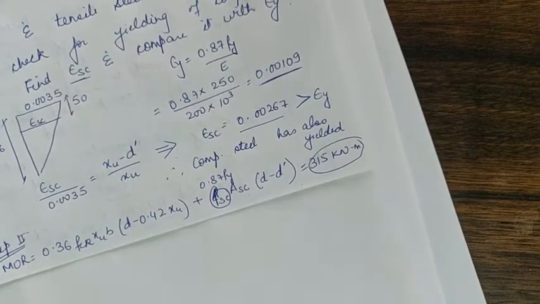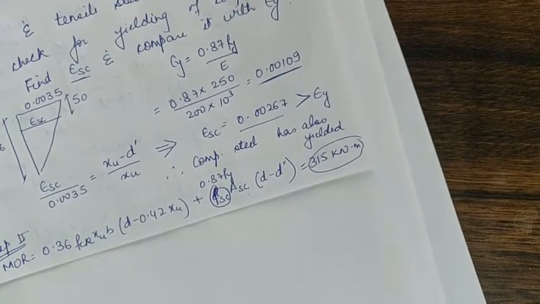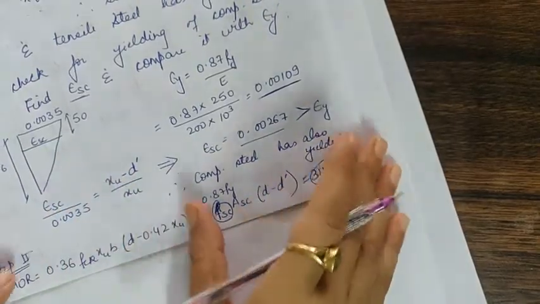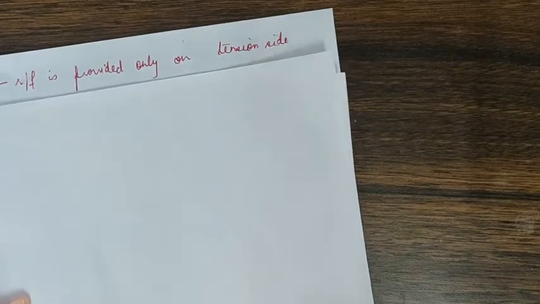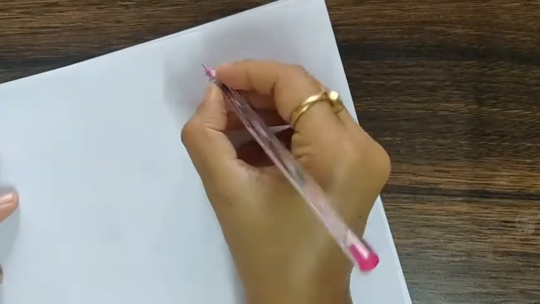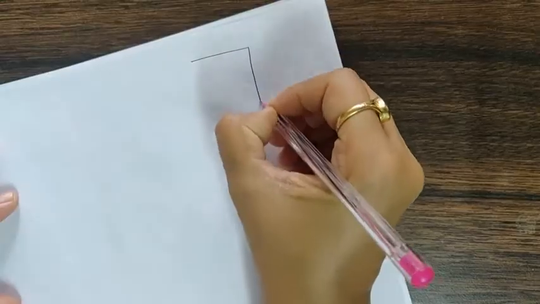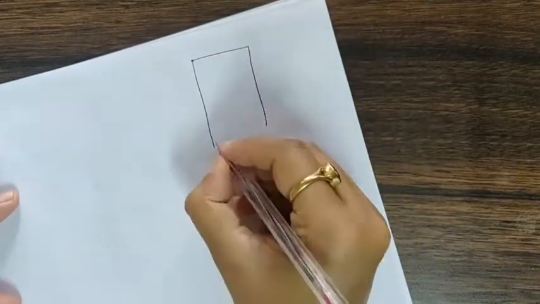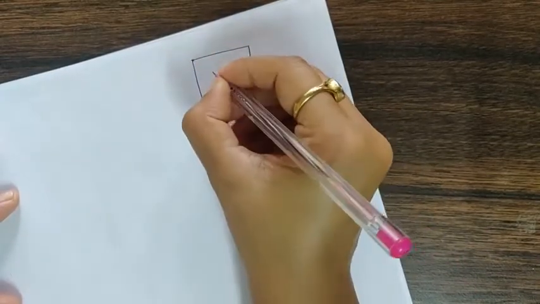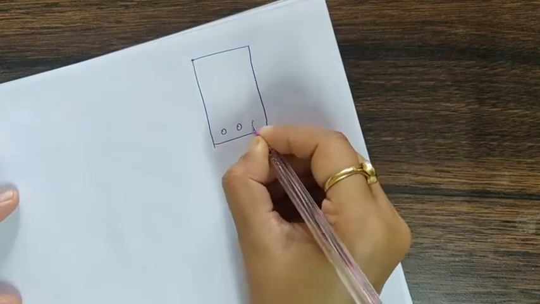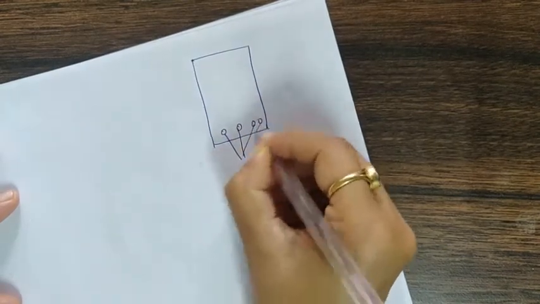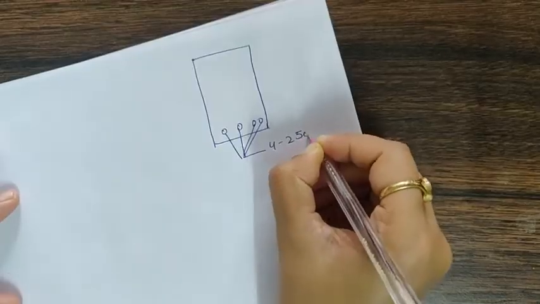Now this was a typical question in which both the assumptions came out to be correct. Let me talk about the next question. In the next question I will try to take the data in which one of the assumptions or both the assumptions are not correct. So let me talk about a second kind of beam in which I am having at the bottom 4 bars 25 dia.